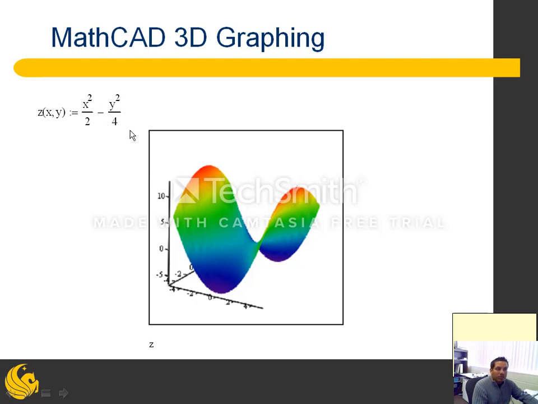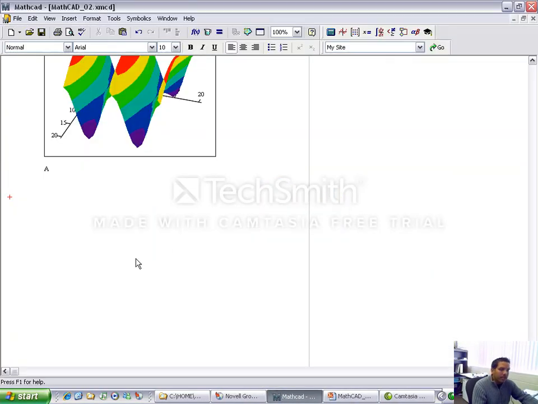This is the equation for a parabolic hyperboloid that's centered at 0, 0, and that opens in the y direction. So it's also called a horizontal. So we can create this in MathCAD directly.